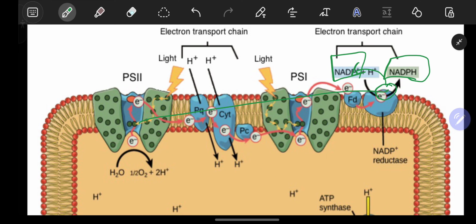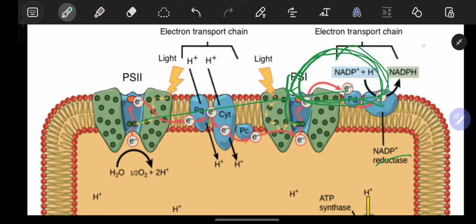But if there's no NADP plus in the first place, then the electrons have nowhere to go. And so what happens instead is the electrons enter the cyclical flow. So they'll go to the NADP plus reductase, but then they'll go back to photosystem 2 and then travel through to the ferredoxin and then back to the reductase and then have this cyclical behavior.